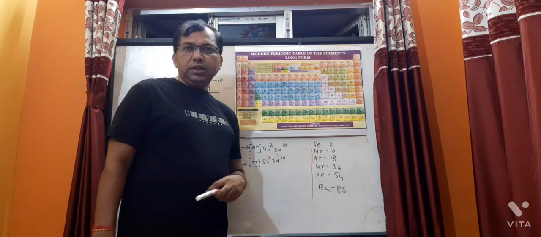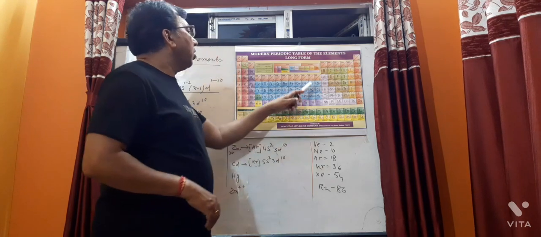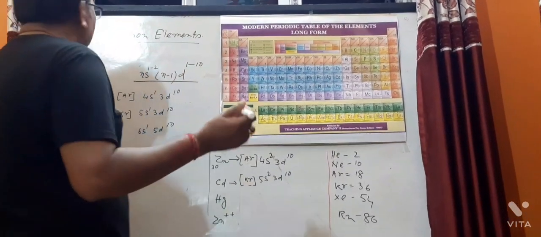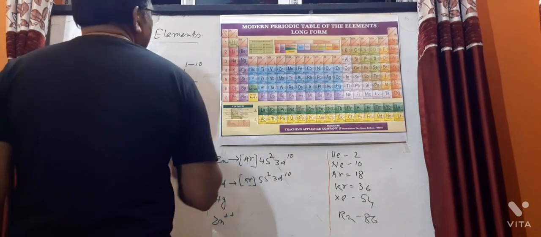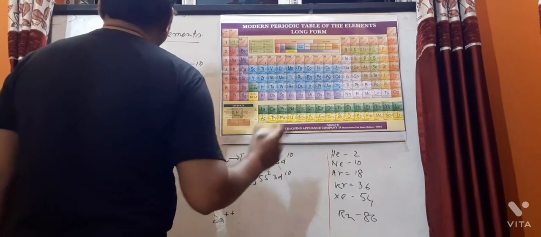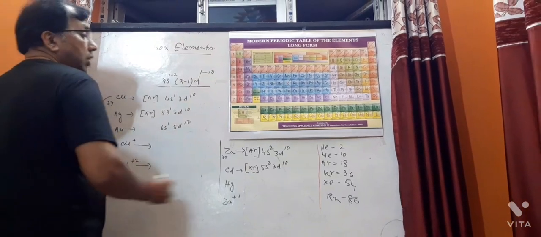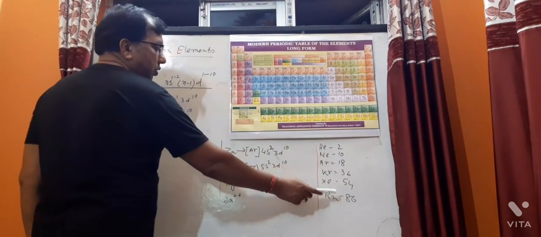If you do the electronic configuration of copper, atomic number 29, what will it be? By the shortcut method, use the noble gases helium, neon, argon, krypton, xenon, radon.